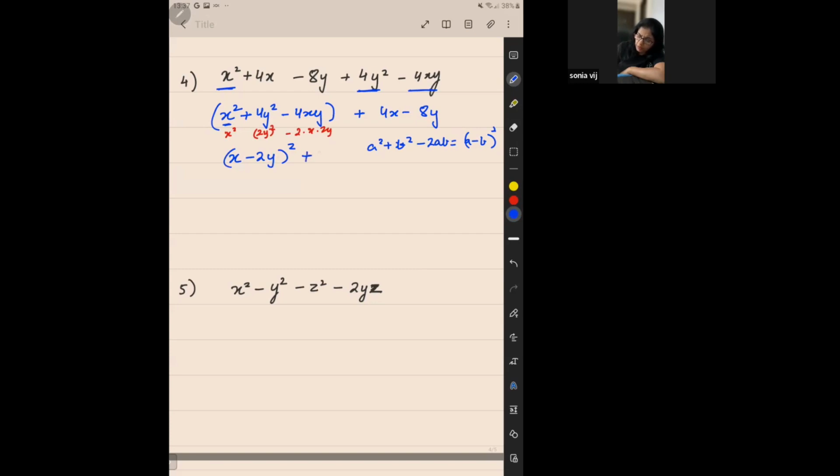And for this, I will write 4 common, x minus 2y for these two. I can see that there is a 4 common. Now, if I see that these two have a common term x minus 2y, so I will take out x minus 2y.